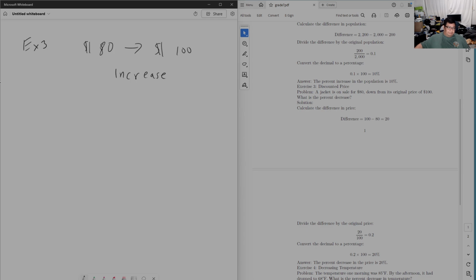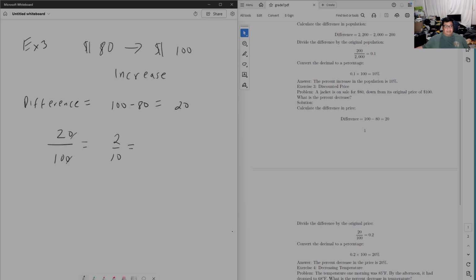First, we calculate the difference. So the difference is equal to 100 minus 80. That's going to be 20. Now we divide the difference by the original price. So that's going to be 20 over 100. 100 was the original price. So now we can cancel out one 0 and one 0, and we're left with 2 over 10.